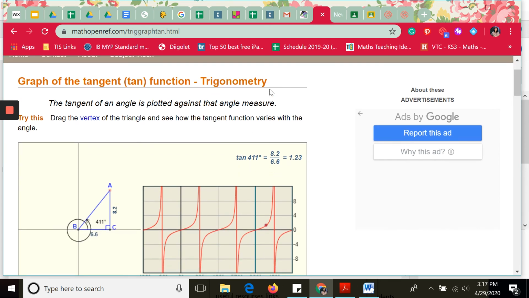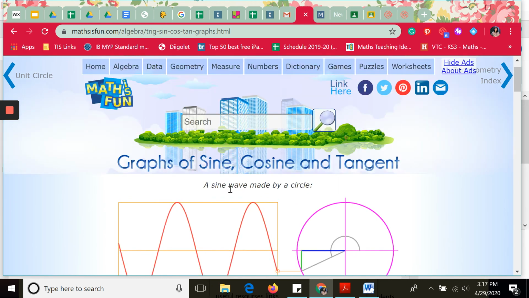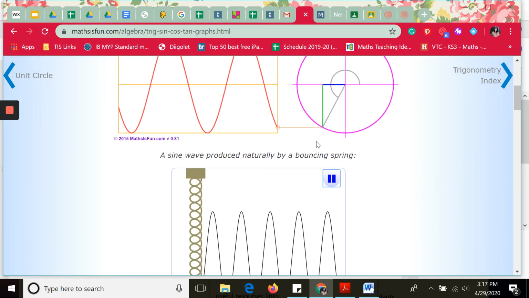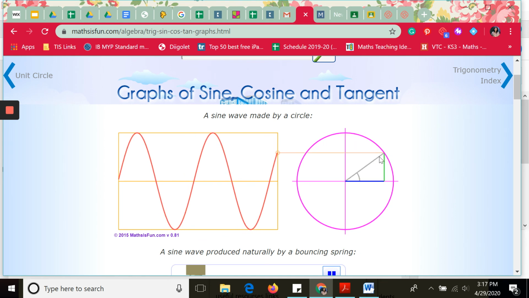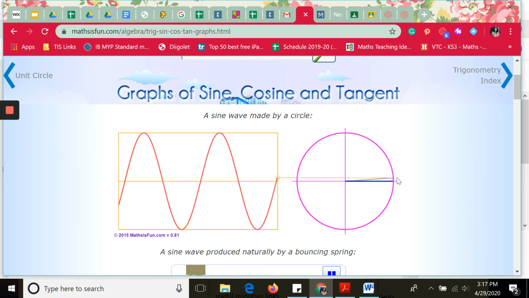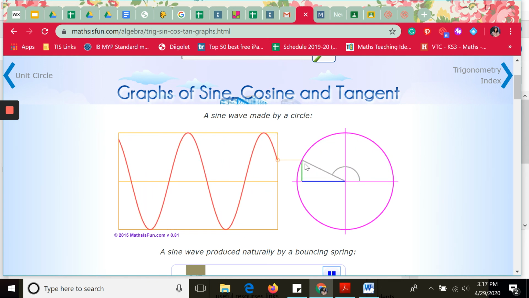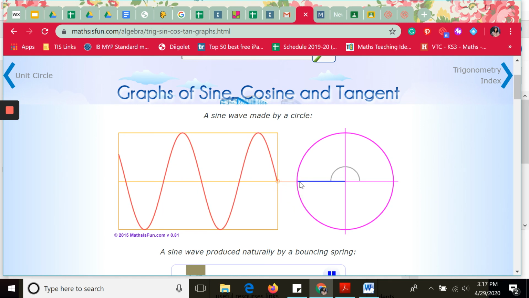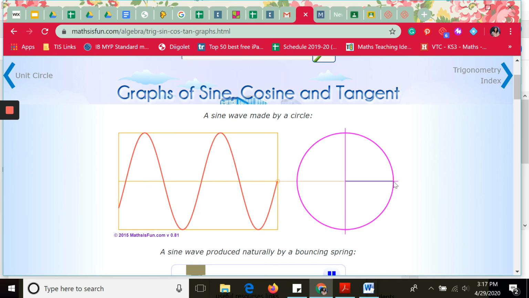Sine, cos, and tan. I found this interesting, and I just wanted to show you that as you move around the unit circle, starting from 0 and going up like this, you can see how the sine graph is coming.